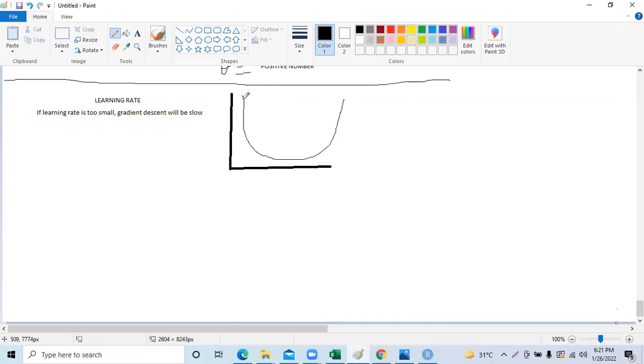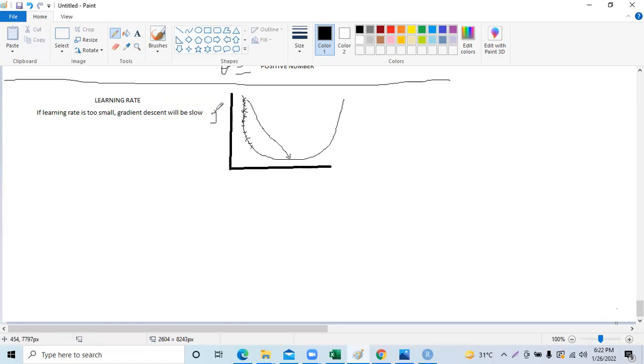If we start here and your learning rate is too small, then you will move from here to here, then from here to here, then to here, then to here. I mean, this is going to be too slow. It's going to take you a month to get to your global minimum. If learning rate is too small, it will take you a long time to get to your global minimum.